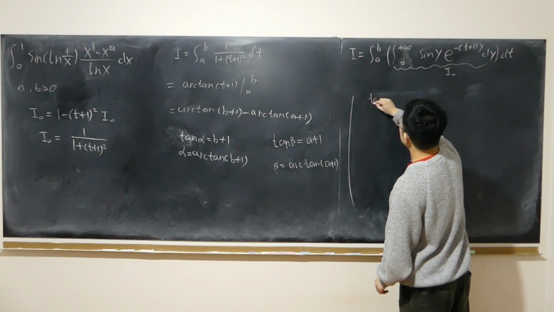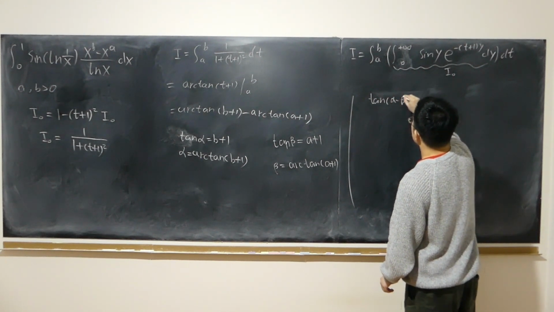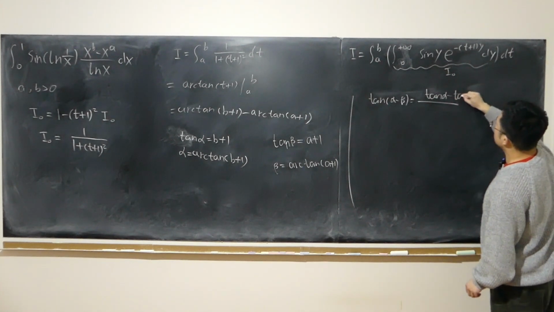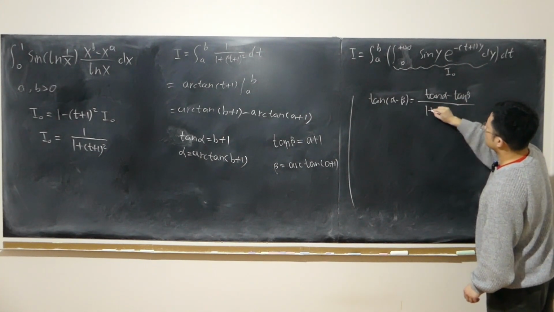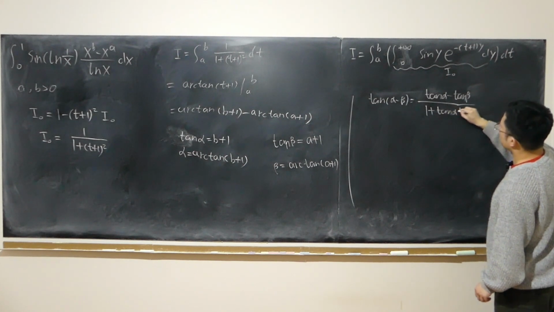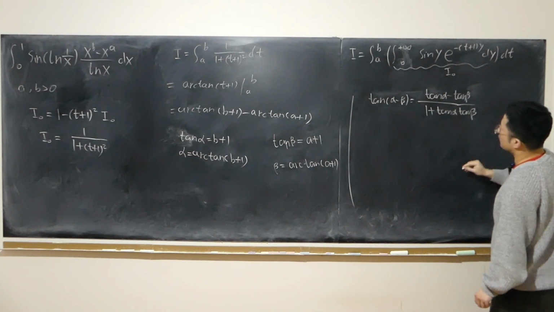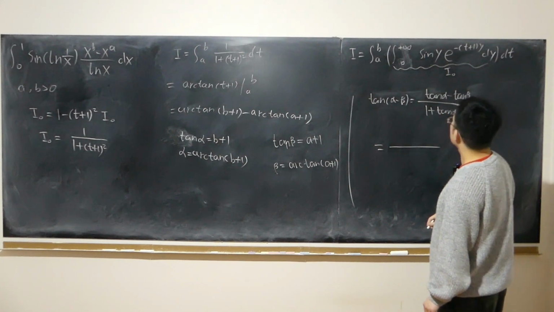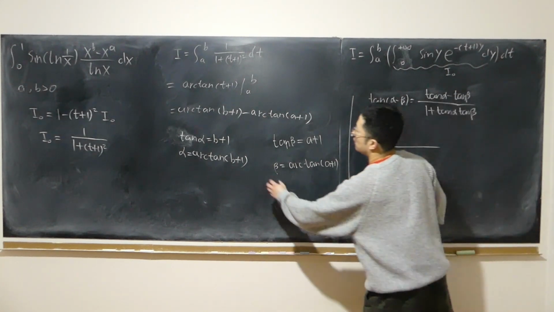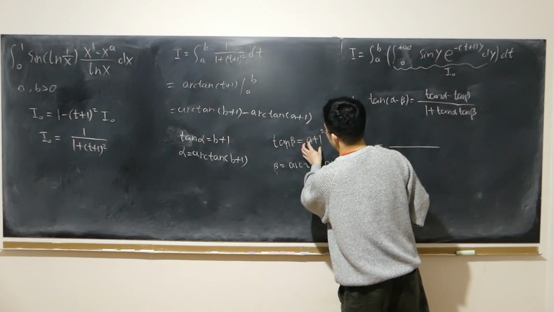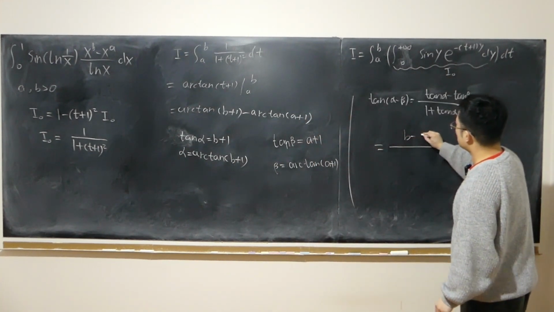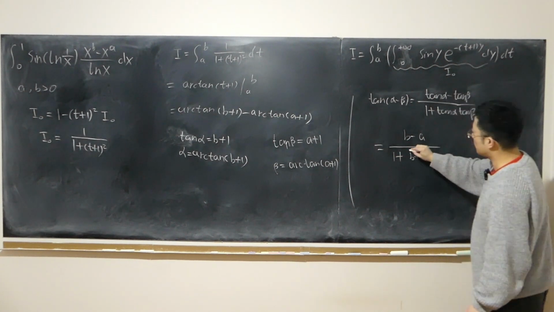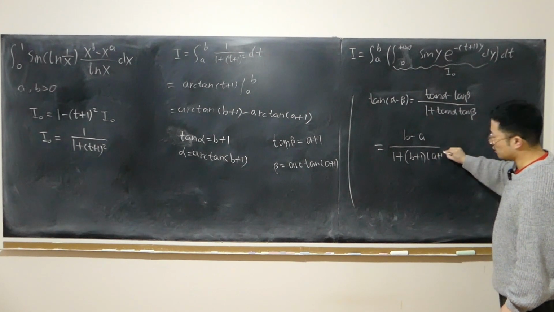So tangent of alpha minus beta is equal to tangent alpha minus tangent beta over 1 plus tangent alpha times tangent beta. In other words, that is equal to tangent alpha minus tangent beta, b plus 1 minus a plus 1. The 1 is gone. b minus a over 1 plus b plus 1 times a plus 1.